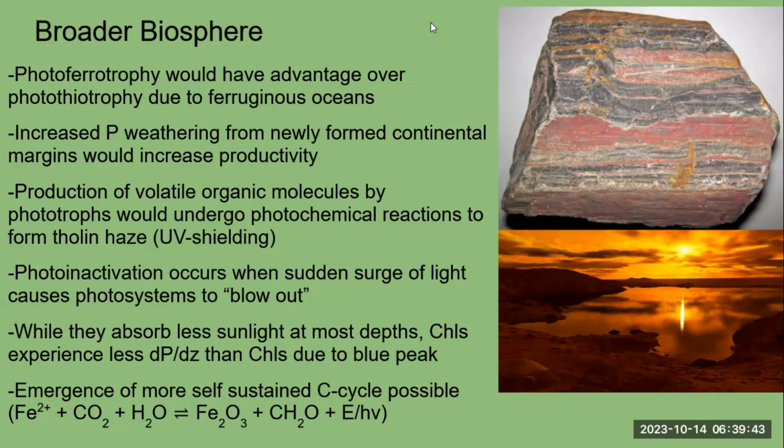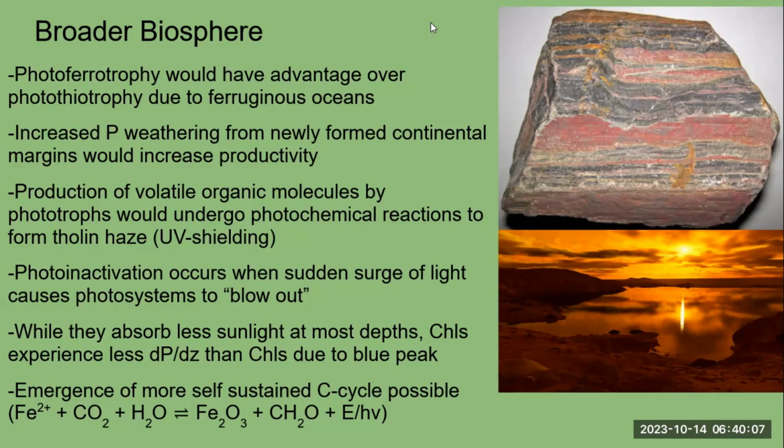Something peculiar is that at all depths, chlorophylls used by oxygenic phototrophs absorb less light than bacterial chlorophylls. But if chlorophylls evolved in organisms suspended in the upper layer of the oceans, they would have had to cope with rapid changes in light intensity as they were moved up and down the water column.